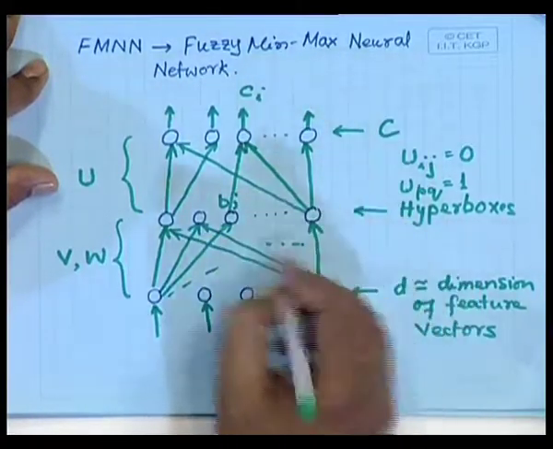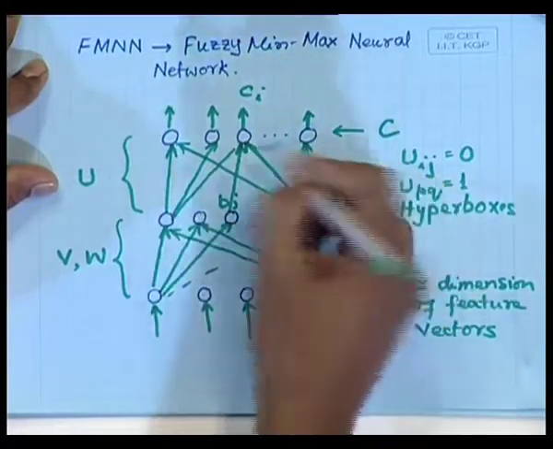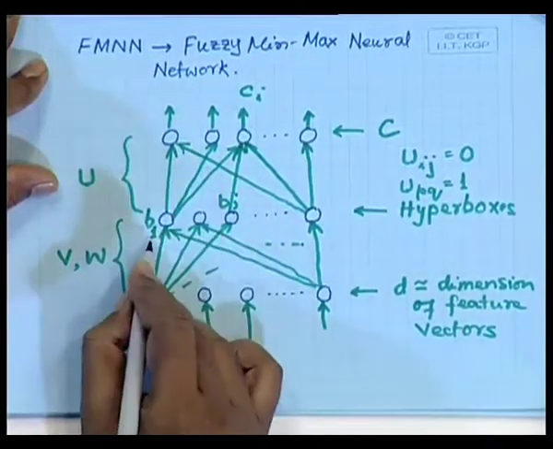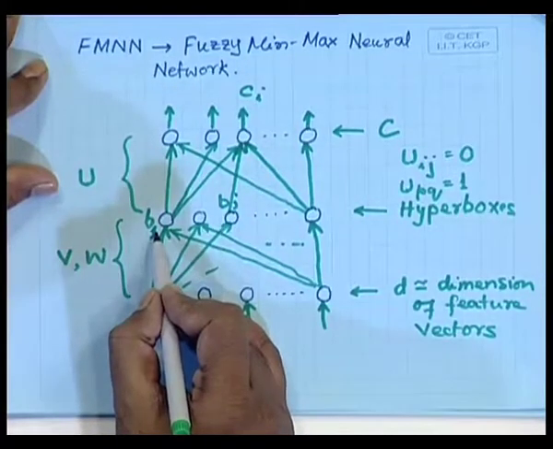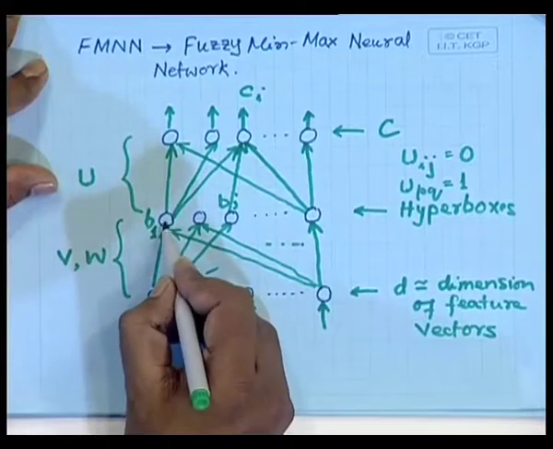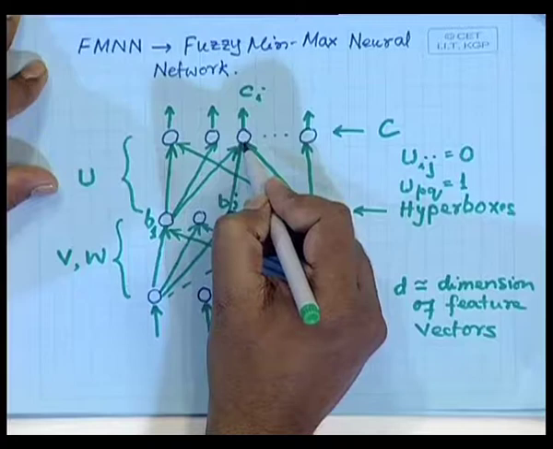Similarly, if I have another node, say B_1, that is also labeled as class C_i, this hyperbox will also calculate its membership function, and that value will be passed on to C_i.